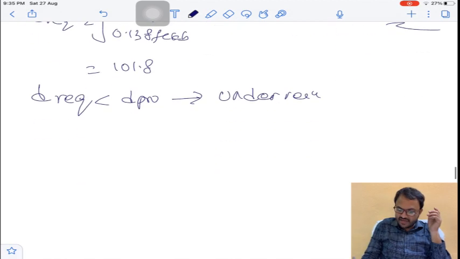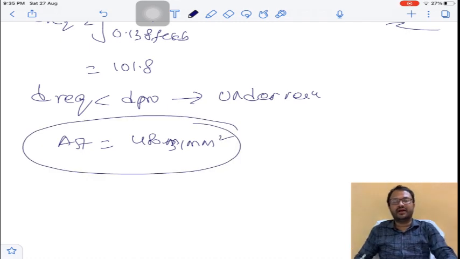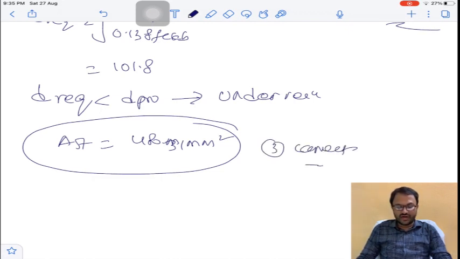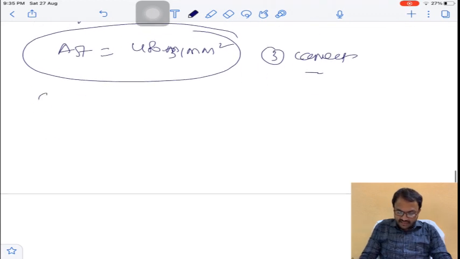And by using same Ast formula, Ast will be 480.31 mm square. I am not writing all the formula here. Okay, so you can calculate on your own. So statement 3 is correct. Okay, so the amount of reinforcement here it is 480.31 mm square. And we need to calculate spacing. Small ast by capital Ast into 100.